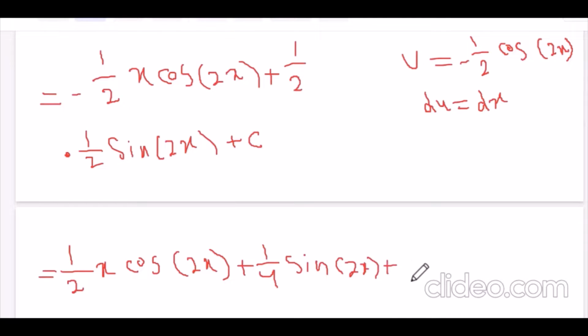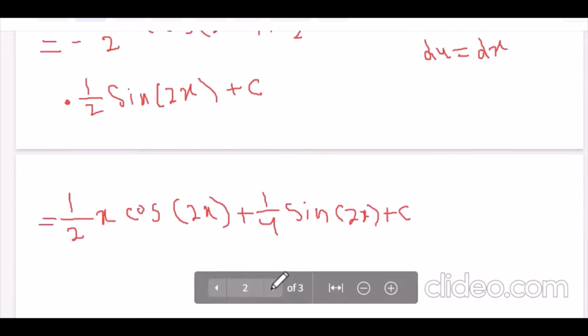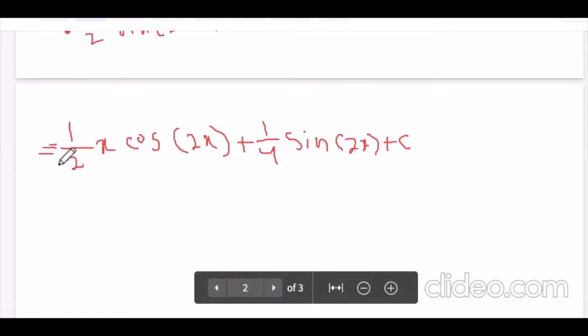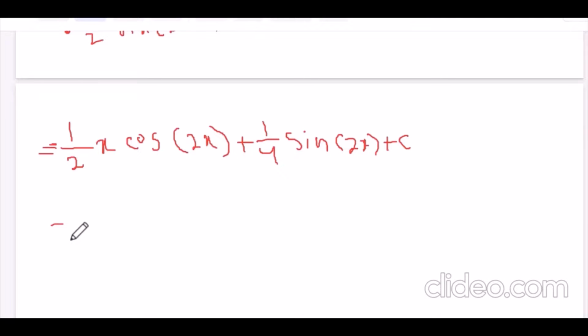And now I'm going to rearrange it. So it's going to be minus. Sorry, I forgot to put the minus here. So minus x, then here we have cosine 2x over 2, then plus sine.